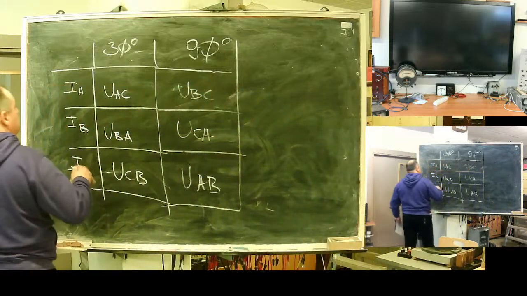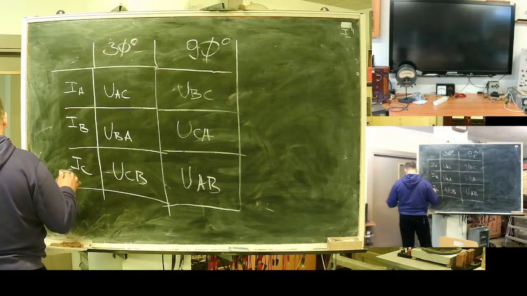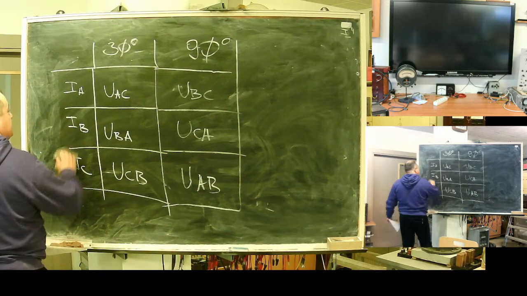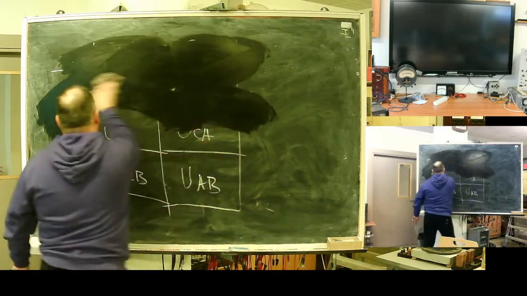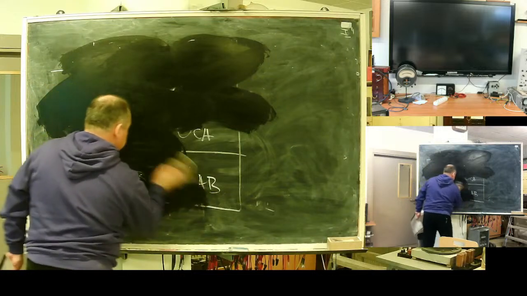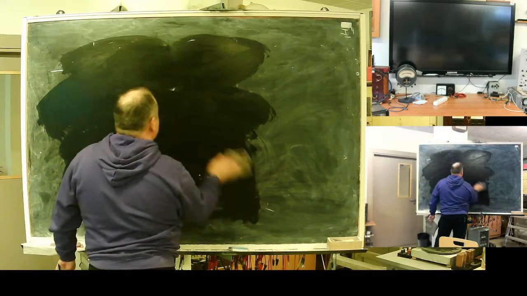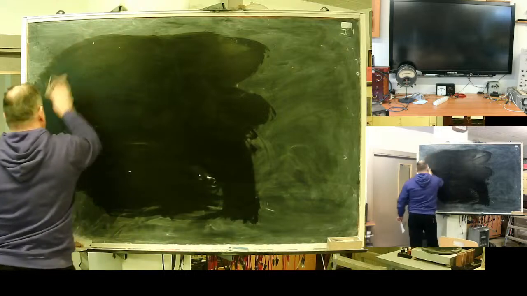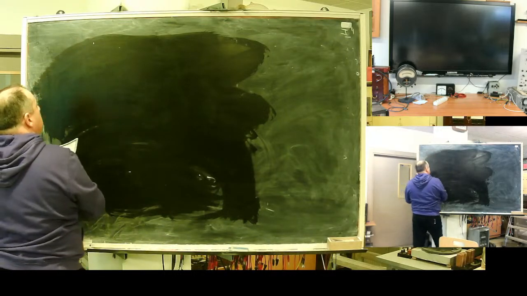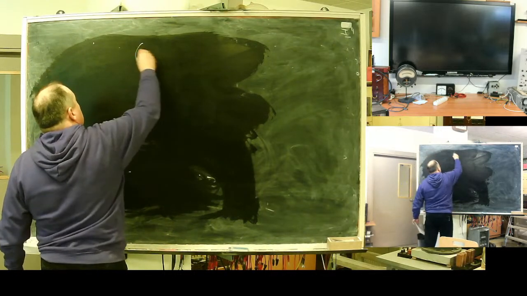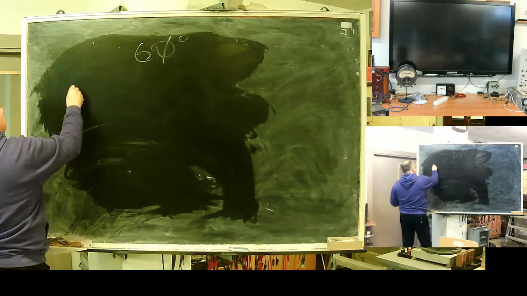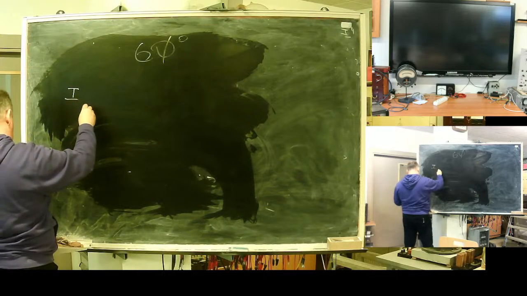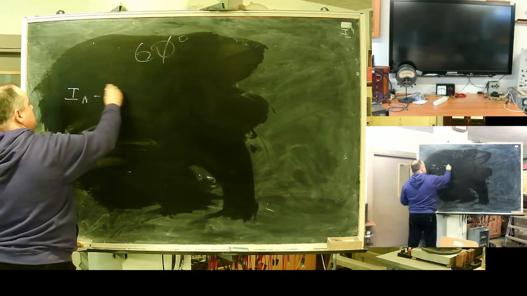Also, there can exist a third schematic with phase difference, so-called 60 degrees. Known as the 60 degree schematic. It will have currents as a difference.